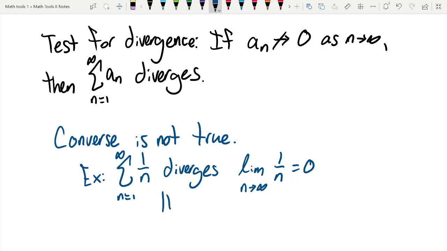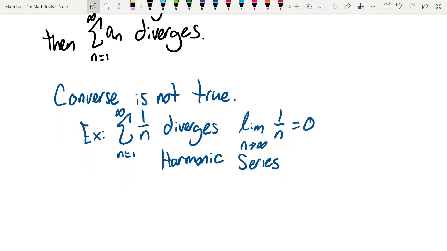And by the way, this does have a special name. This is called the harmonic series. And we will show that this diverges eventually with one of our tests.